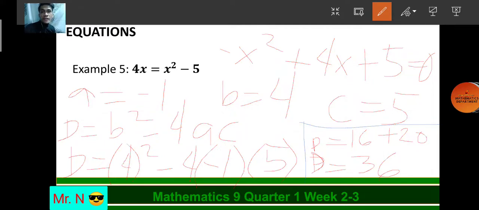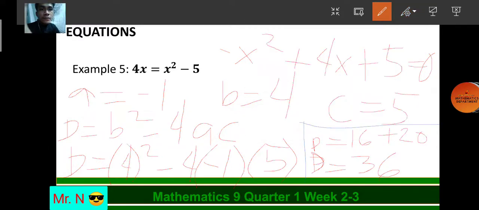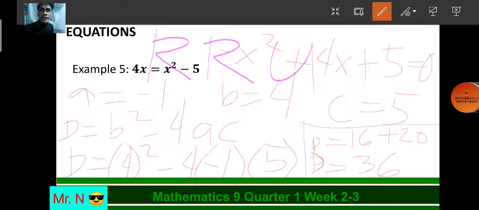Therefore, the roots are real, rational, and unequal. Alright? Okay.